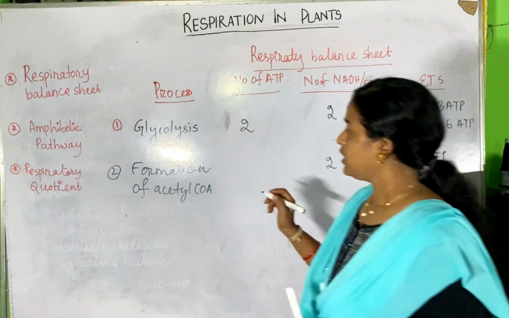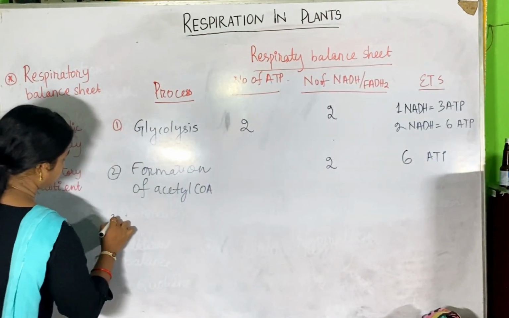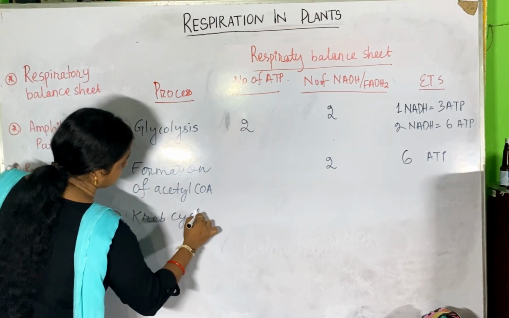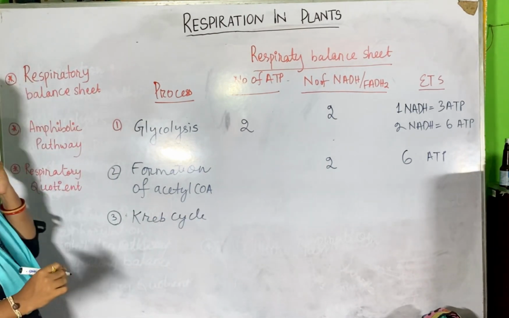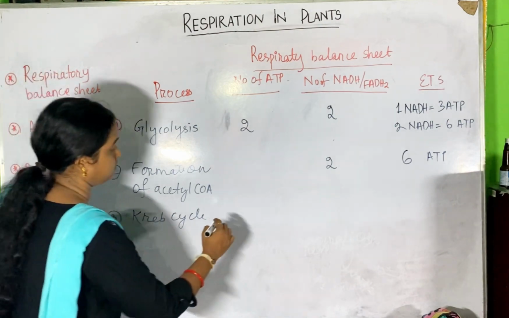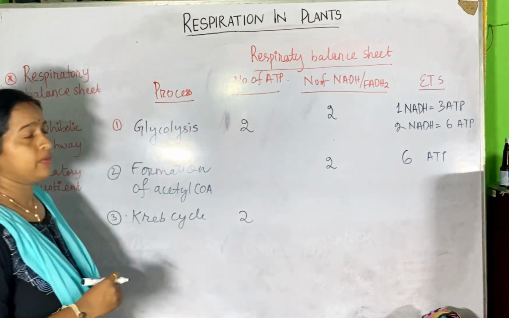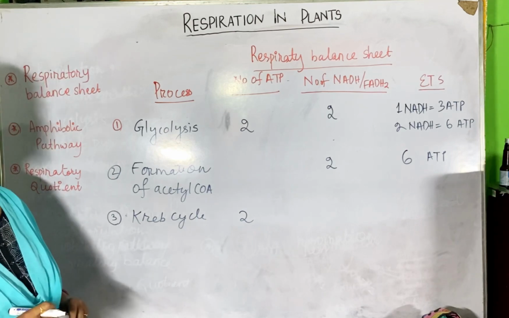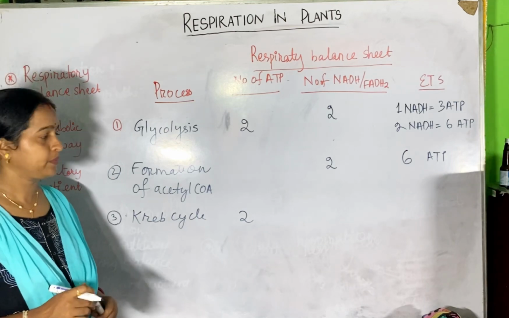Now let's move to the third process, the Krebs cycle. In the Krebs cycle, what is the number of ATP? 2. Both NADH and FADH2 will be produced. What is the number of NADH?